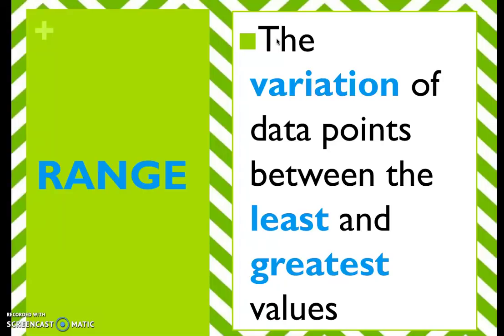So the range is just the difference between the least and the greatest data point. To find difference, we subtract. So all we have to do for range is subtract the greatest and the least values, and that gives us the variation between the two. So it's just the difference between the least and greatest value.